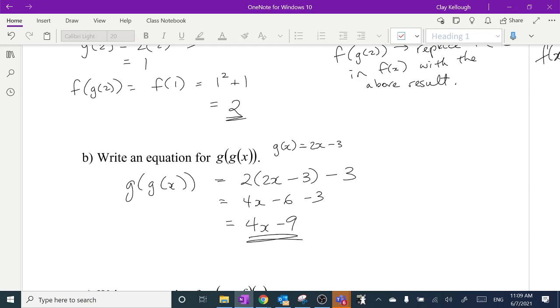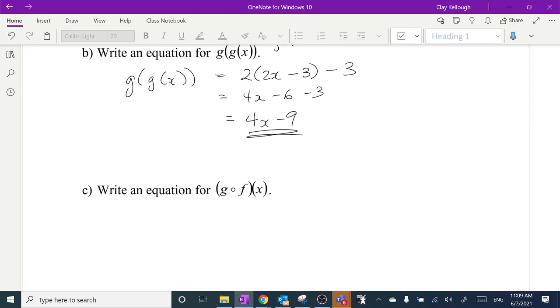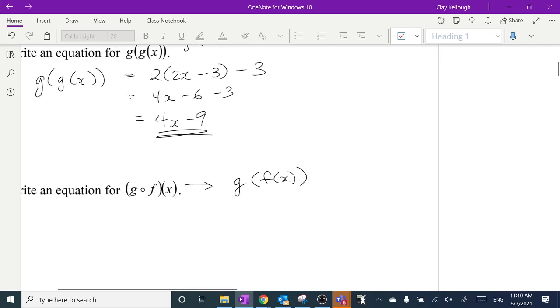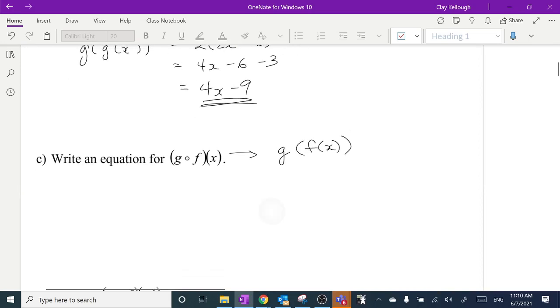Putting a function into another and saying f of g of x has a shortcut way to write it down. It looks like this. This is the same thing mathematically as saying g of f of x. So again, we're kind of lower on the screen here. Let me copy the functions again. Don't forget, f of x was x squared plus 1, and g of x is 2x minus 3.